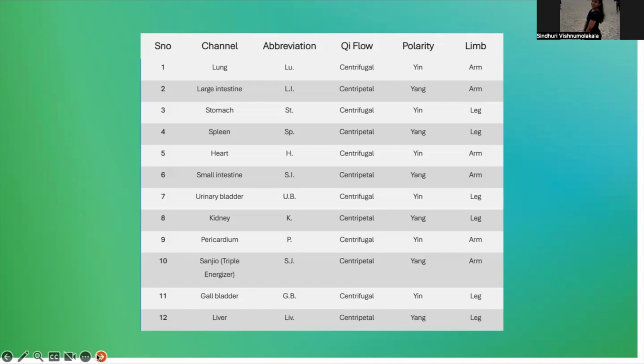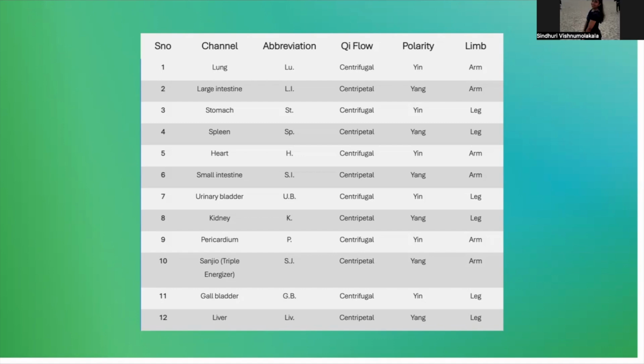So, the 3 yin channels of the arm are lung, heart, pericardium. The yang channels of the arm are large intestine, small intestine, Sangio or triple energizer.